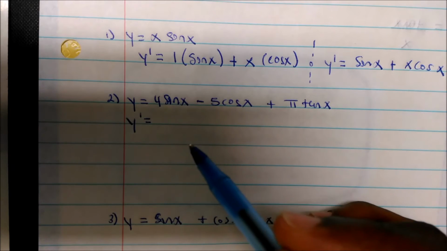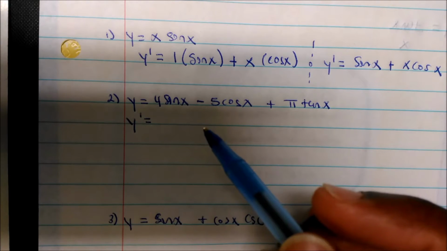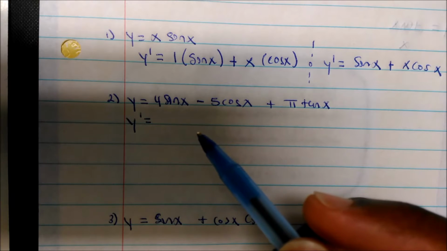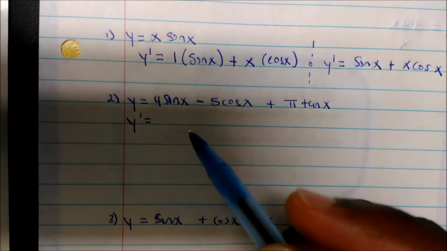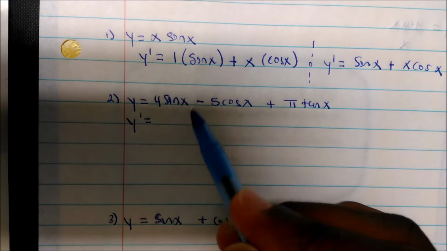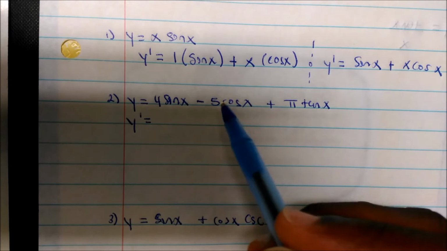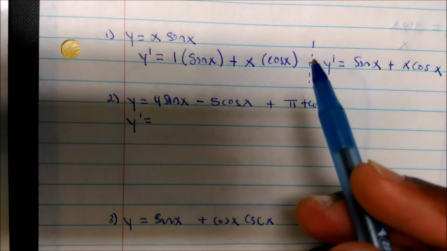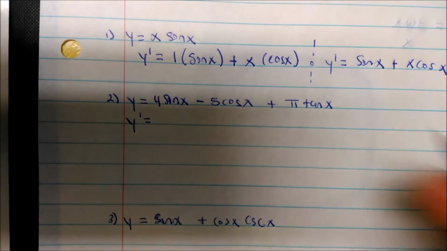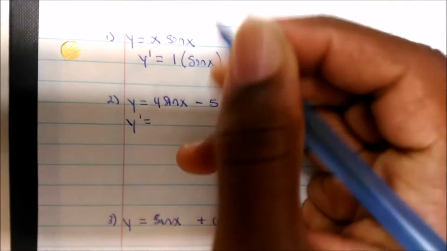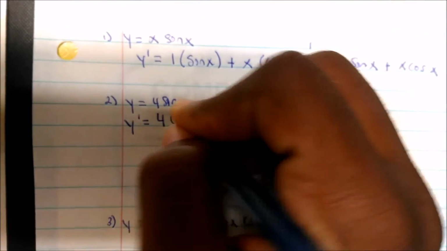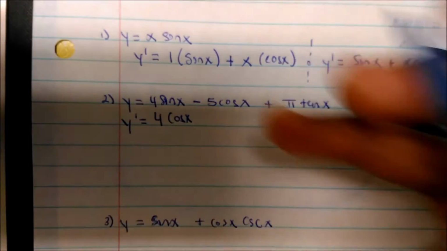Anytime you have a constant multiplied by something you can take the derivative of, that answer will just be the same constant multiplied by the derivative of the second thing. So the derivative of 4 sine of x is just 4 cosine of x, right?